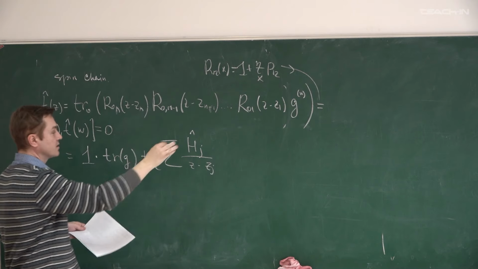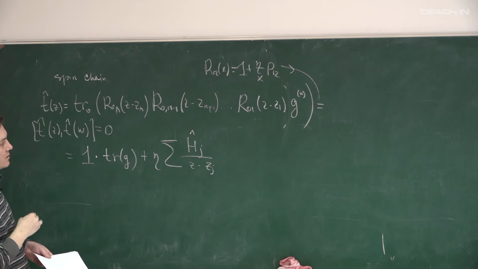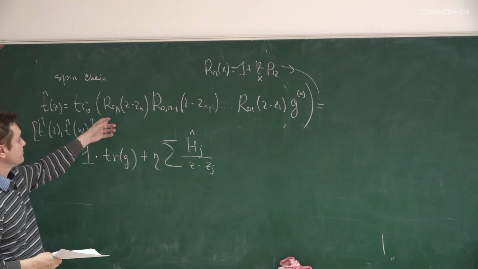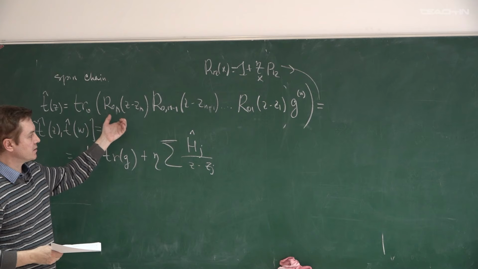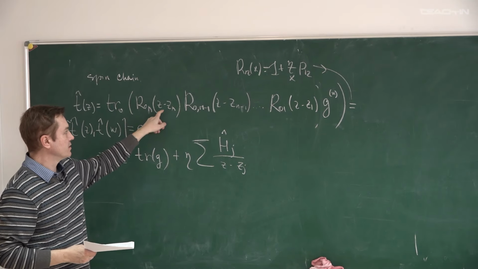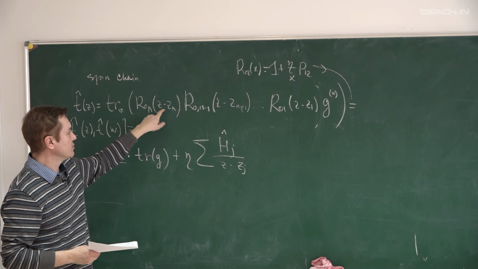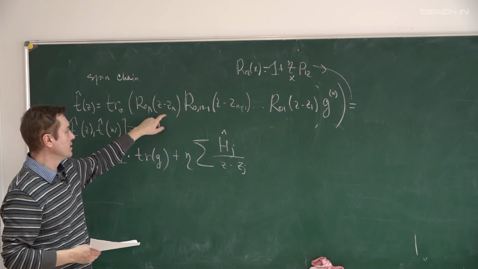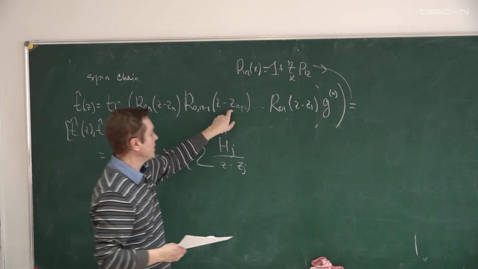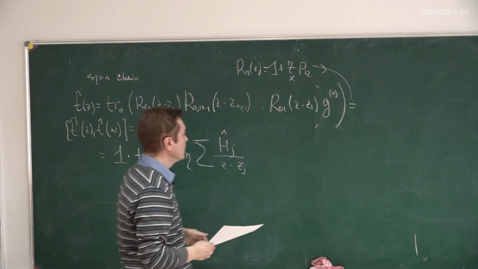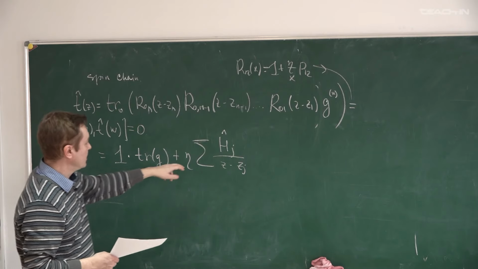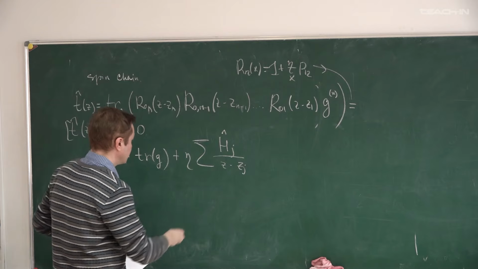So this is a product, and this product, of course, can be represented in the form of a sum, just because here we have a product of factors, and each factor has a simple pole at some point with respect to the variable z. It has some pole at point zn, zn minus 1, and so on. And we may decompose the product into a sum, and these coefficients can be computed.